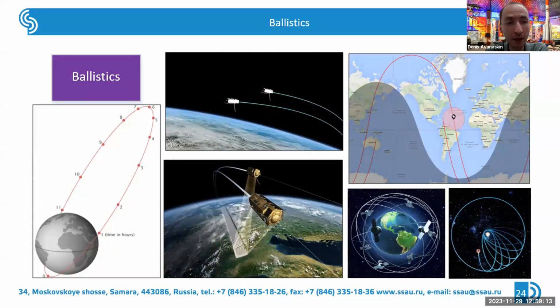The next thing is ballistics. Ballistics is basically the motion around the Earth, the motion in orbit. We need to calculate how our satellite will fly, where it will fly, because we need to predict the communication sessions.